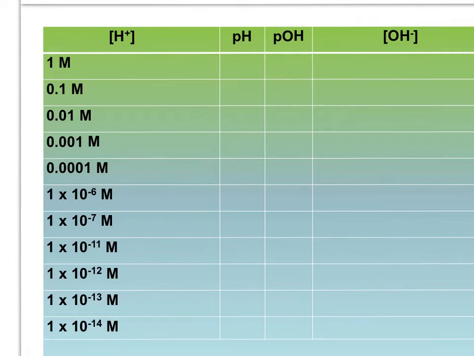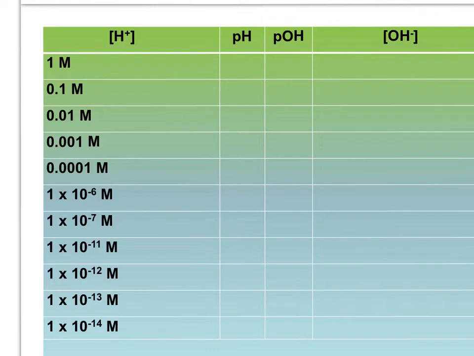So you plug that into your calculator, find out the answer. Now, that is okay to do with harder numbers, but I would like you to be able to find the pH of these just by looking at them. You should be able to do that in your head. So how would you do that? What you do is you write your number as 1 times 10 to some power.